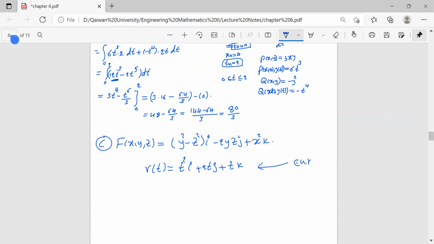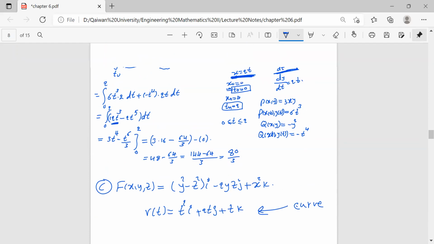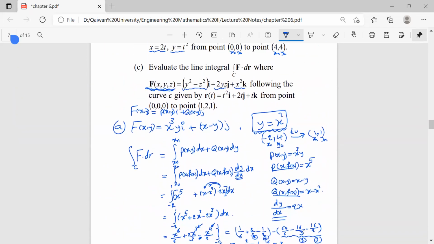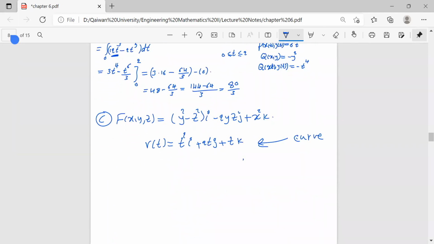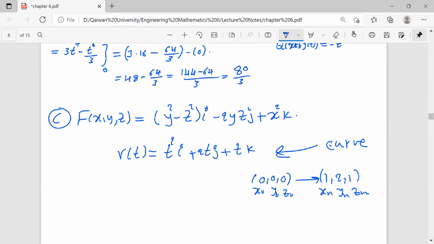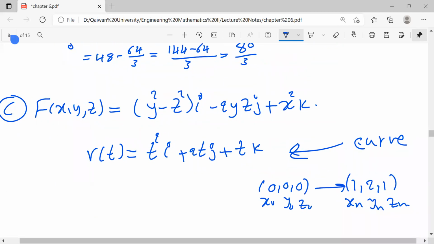This is the curve, given as a parametric equation. And it says from 0, 0, 0 to 1, 2, 1. This is x naught, y naught, z naught, and this is xn, yn, zn. It is a parametric equation.